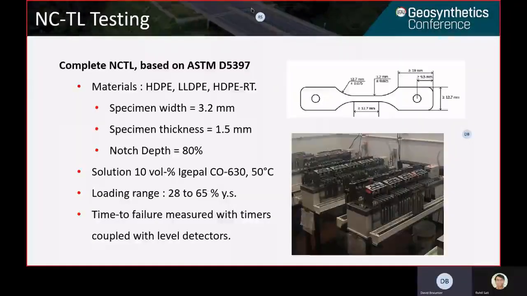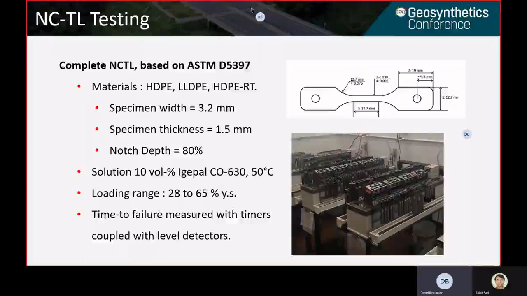Okay, so what is the testing for stress cracking in the world of geomembranes? We want to look at NCTL, which stands for Notch Constant Tensile Load testing. This test was developed in the 90s and defined by ASTM D5397.